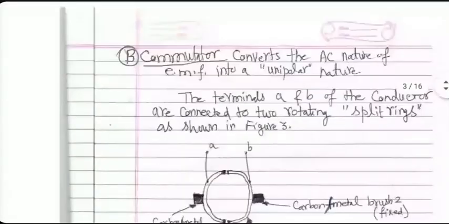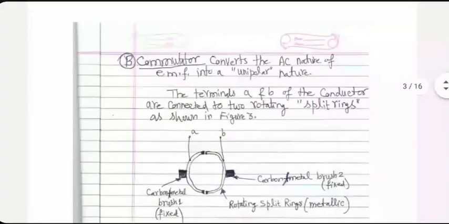Now commutator, what does it do? You can imagine two half rings rotating at the same speed at which the rotor is rotating.